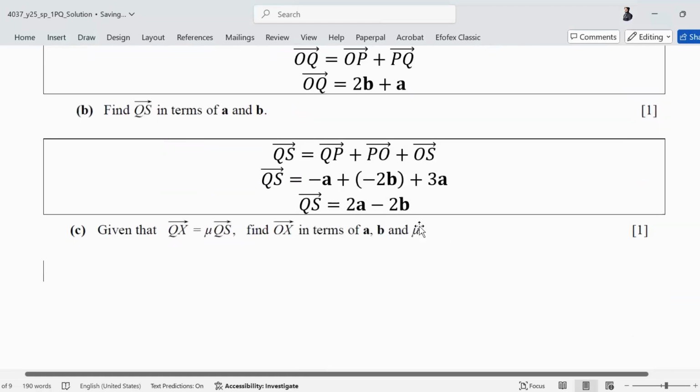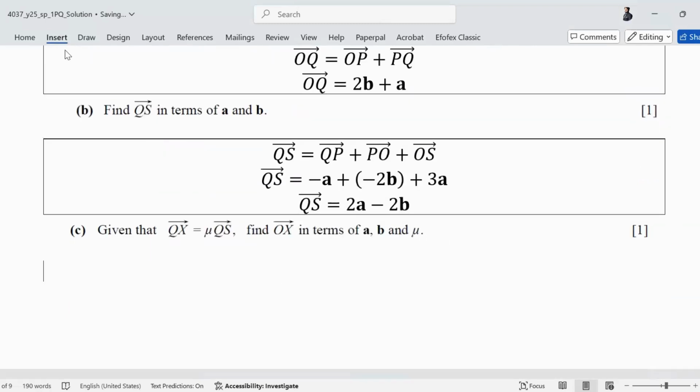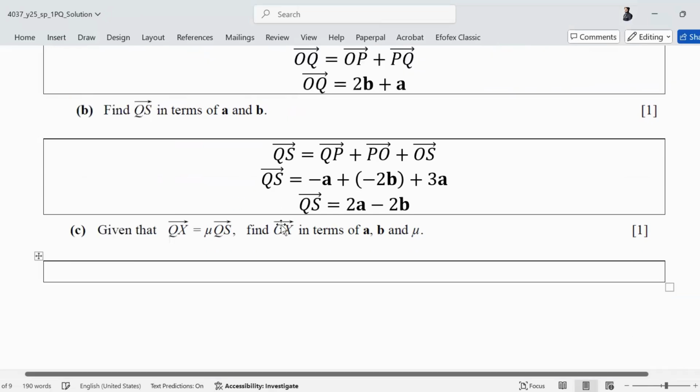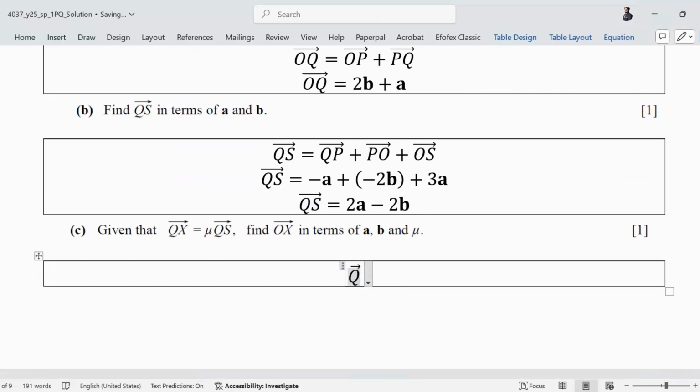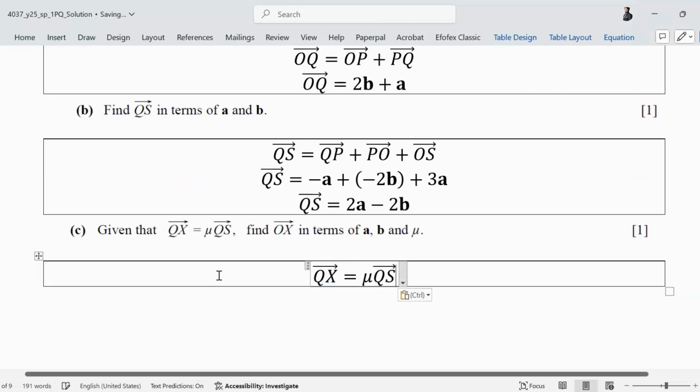And now I need to find OX. Not to worry about this. What can I find? I can find QX. I know that QX is mu times QS.